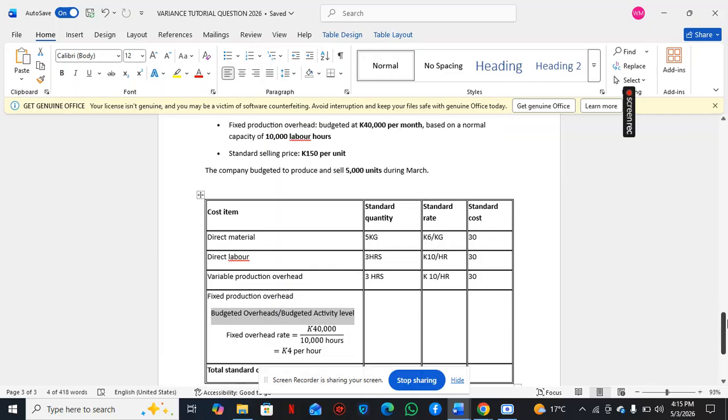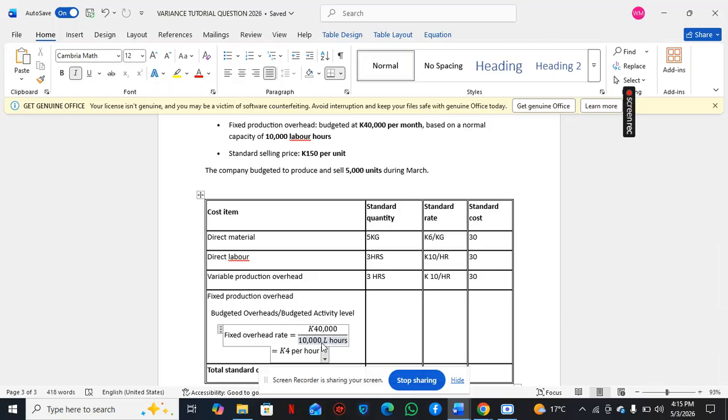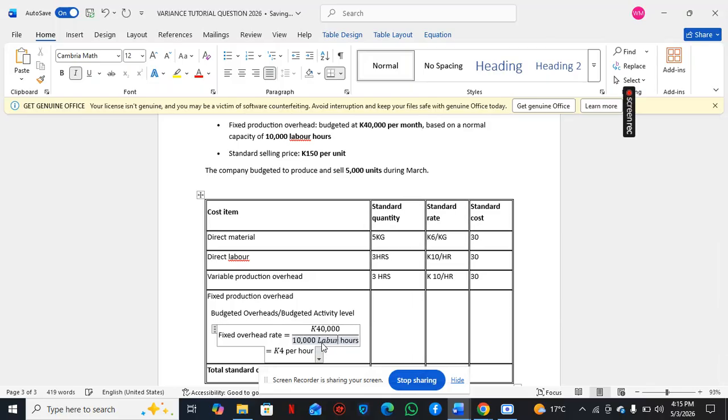Our budgeted overhead is 40,000. The budgeted level of activity is 10,000 labor hours. Based on a normal capacity of 10,000 labor hours, our overhead absorption rate is 4 kwacha per hour.